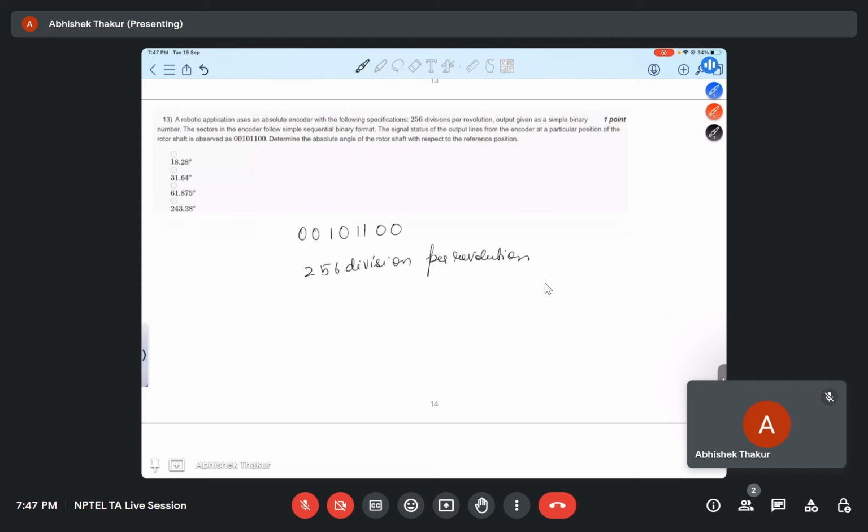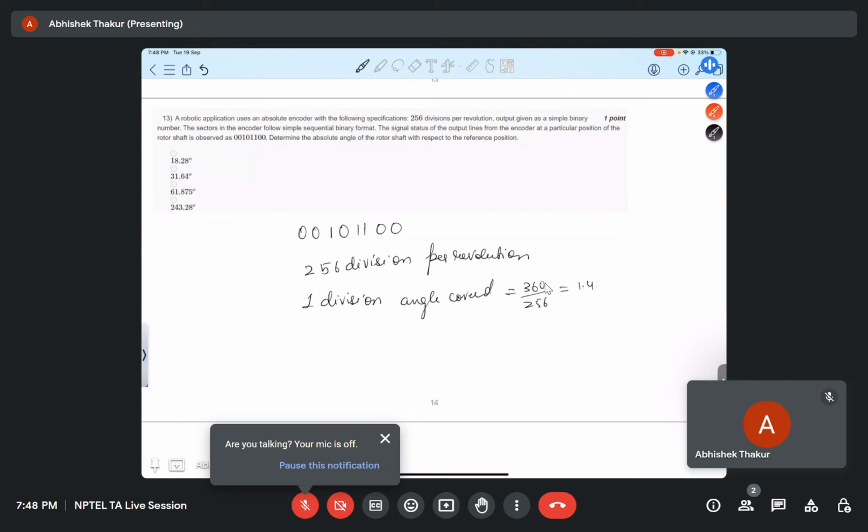So in one division, the angle covered is equal to 360 by 256. So that is equal to, let's calculate, 1.406 degree.